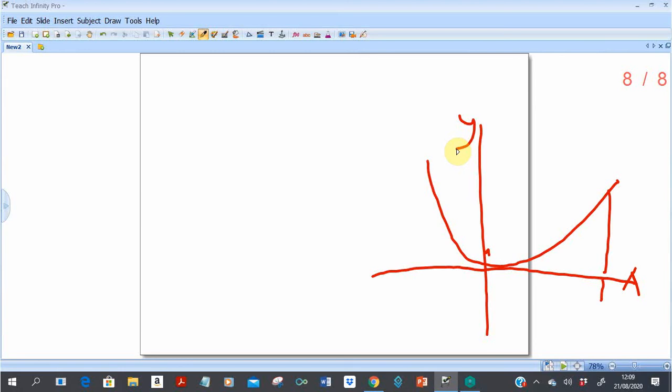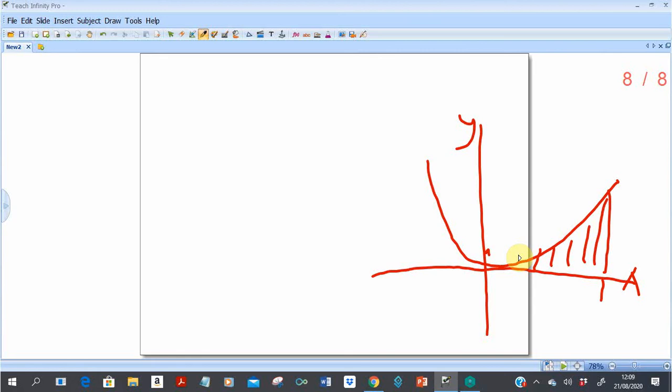So therefore our area will be this area from 0 up to 1. Okay, so this is our area.